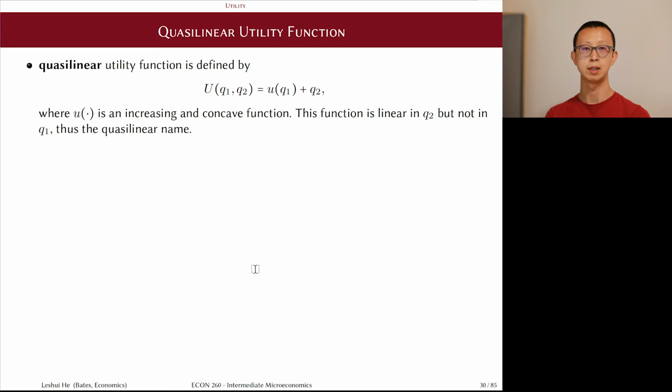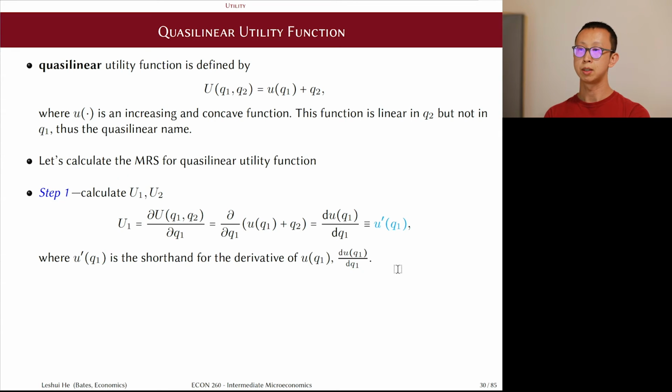Now coming back to the quasi-linear utility function, let's try to calculate its marginal rate of substitution. Again, we're just going to break down the task into 2 steps: calculating marginal utilities and then taking the ratio. The marginal utility with respect to q1 is straightforward.